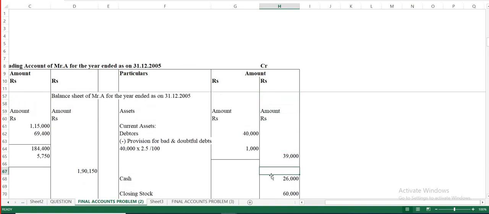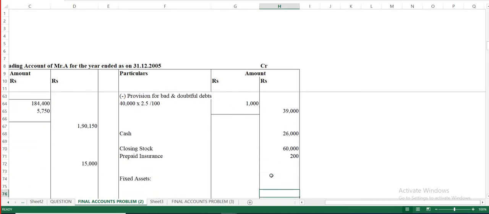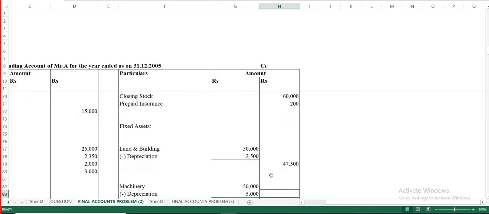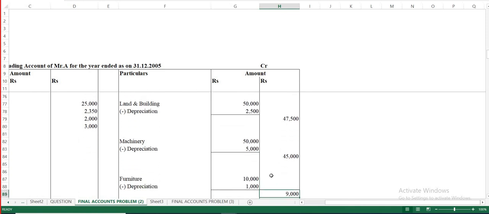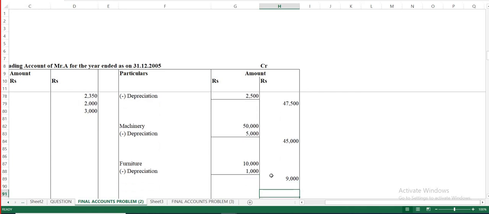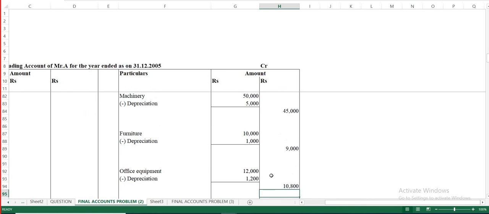So here 39,000 plus 26,000 and then 60,000 plus 200 and then 47,500, 45,000 and then 9,000, 10,800.